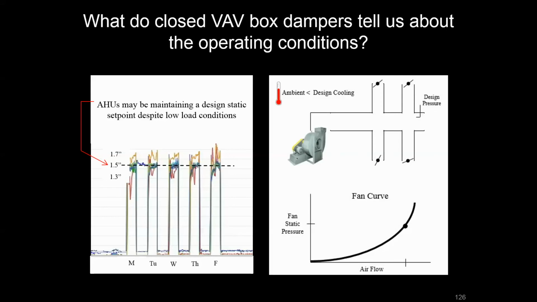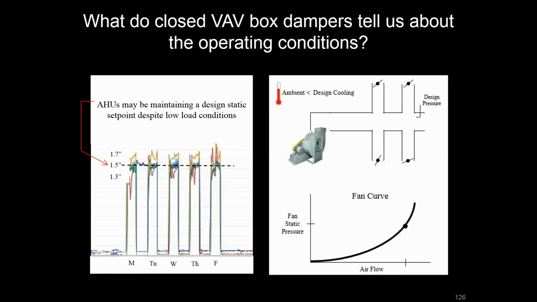Well, whenever you're at a condition where you're below that design cooling mode, which by definition will be most times, what may happen is most of your dampers may start constricting down. So inside the VAV boxes, the dampers will start closing because they're going to be happy and they don't necessarily need their design cooling CFM at all times.